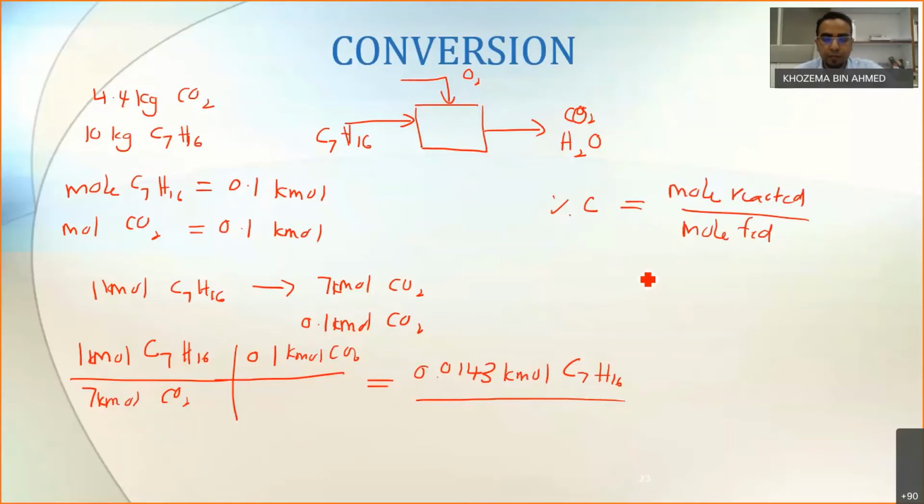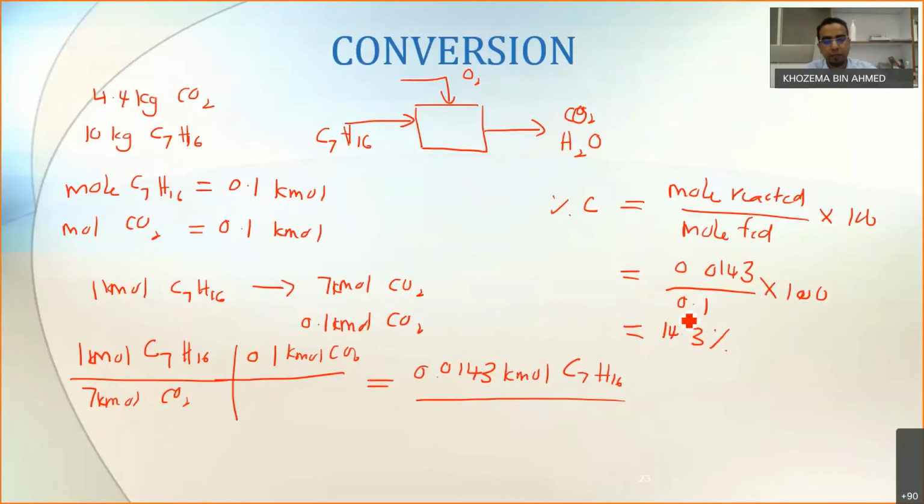My mole reacted here is 0.0143, times 100 because I'm looking for a percentage, divided by mole fed, which is 10 kg of C7H16, which is 0.1 kilomole. So I get my conversion as 14.3%.